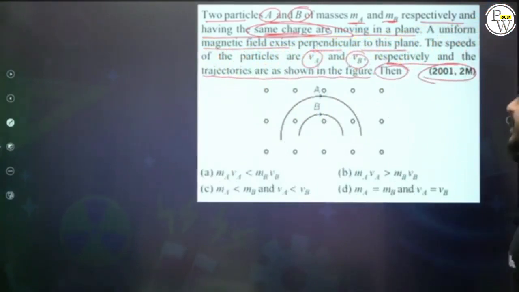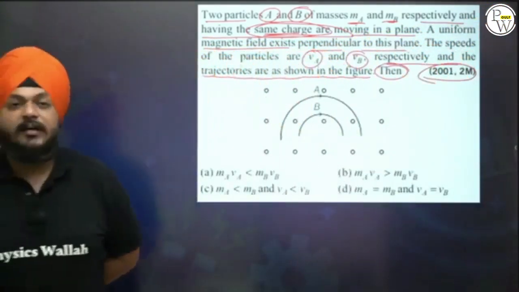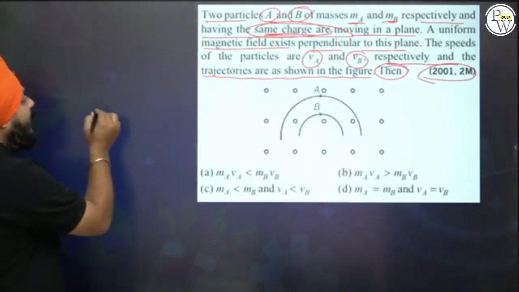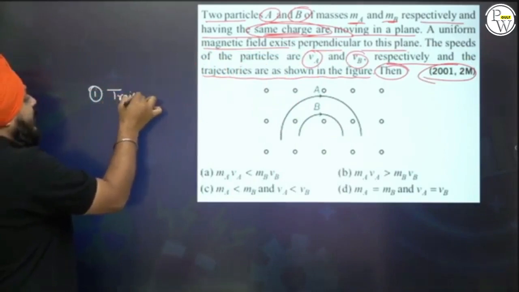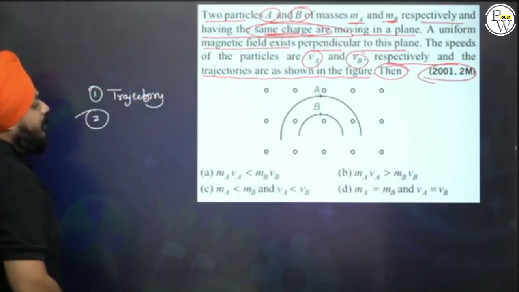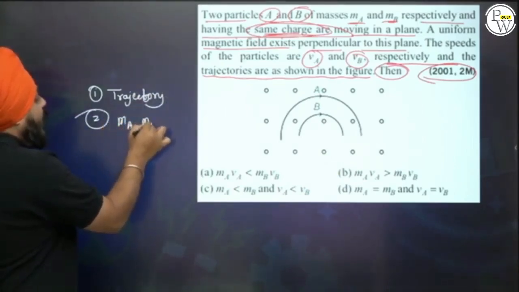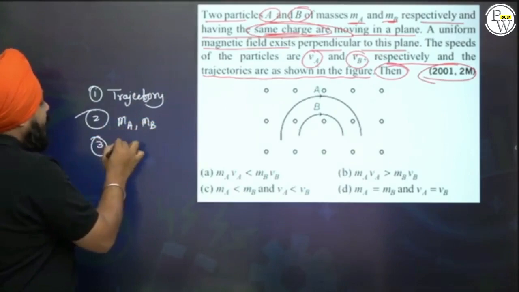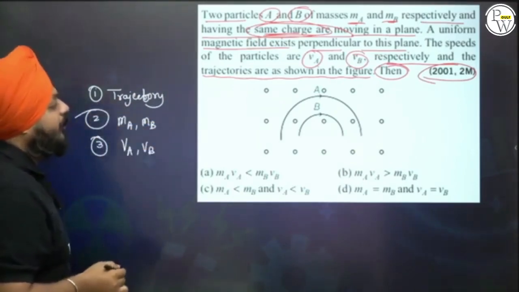A simple data has been given. First of all, let me note the data. The trajectories of the two particles are drawn. The masses are mentioned, Ma and Mb. The velocities with which they enter perpendicular to the magnetic field are mentioned, Va and Vb.